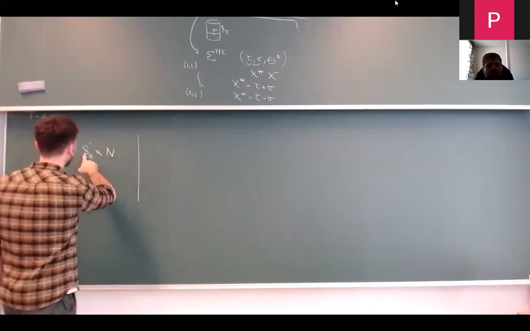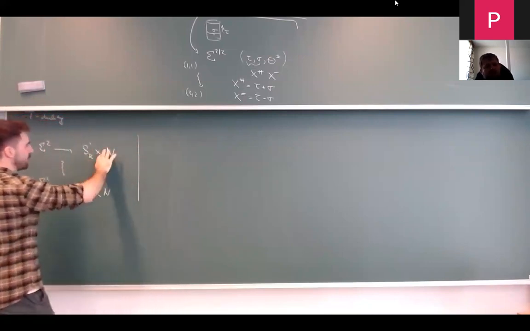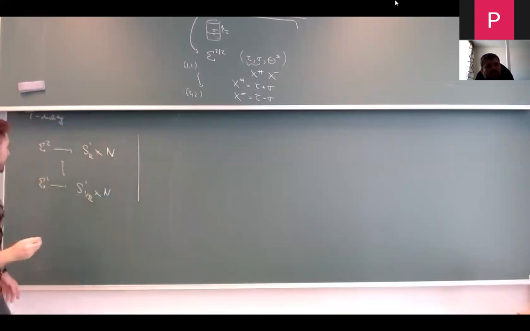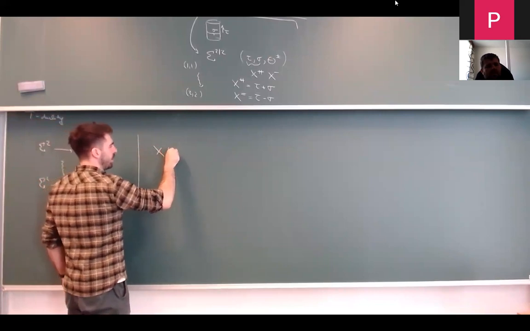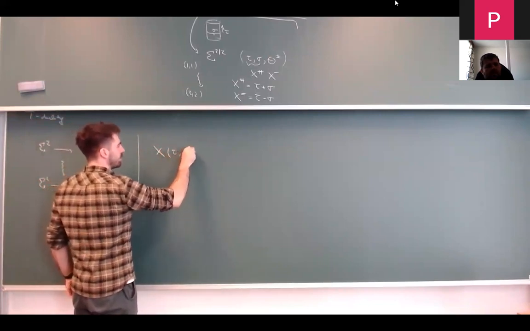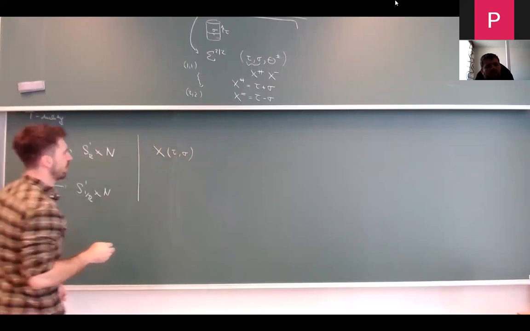If I single out this S1 and forget about the rest of the target space, I can look at my embedding coordinate.